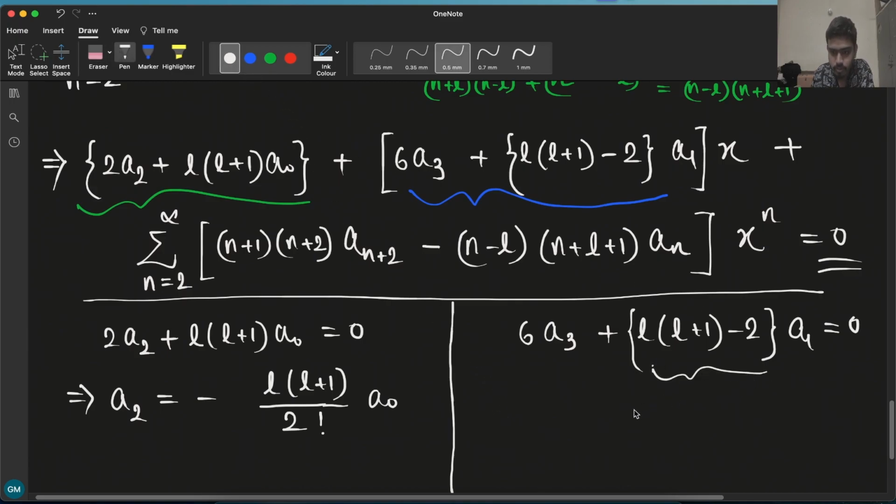This term is basically L square plus L minus 2, right?